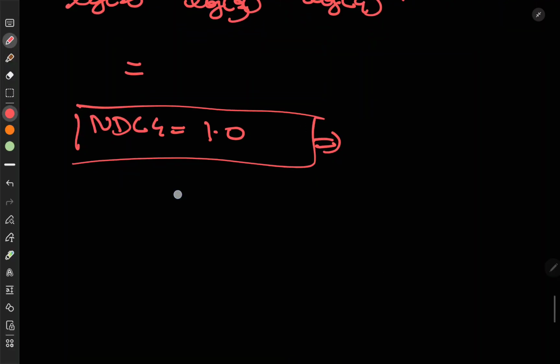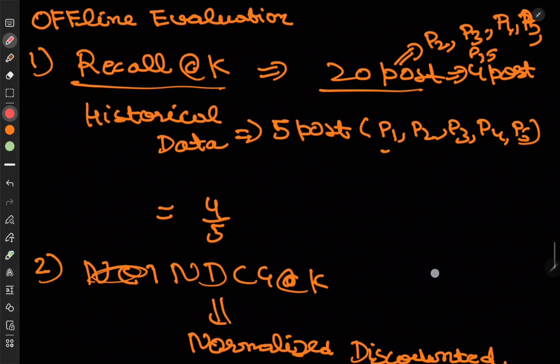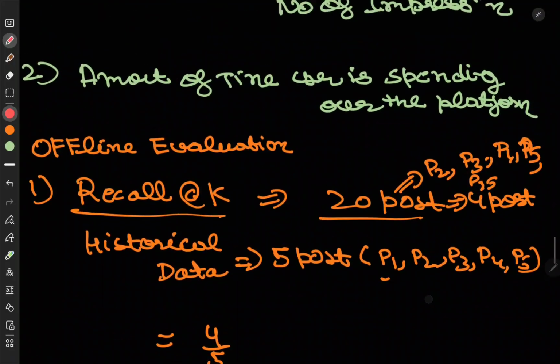And if it comes out to be 0.7 to 0.9, it means okay, we are able to show some posts which are relevant, but it's slightly lower. And if it's less than 0.5, it means that hey, your model is not that good, you need to improve your model. Okay, now these are the two offline evaluations that we can use.